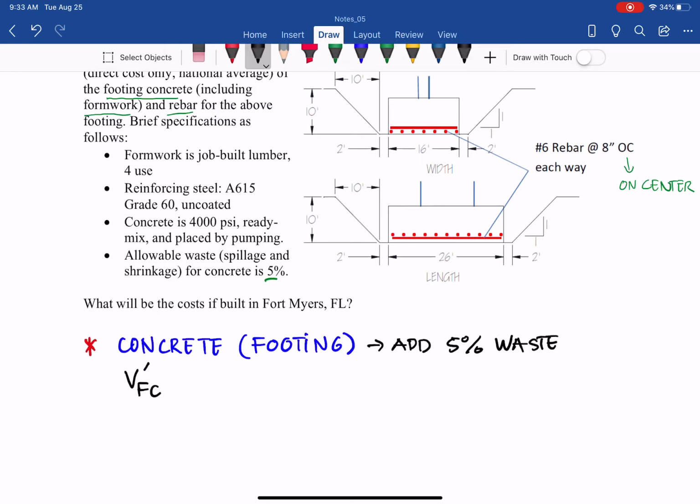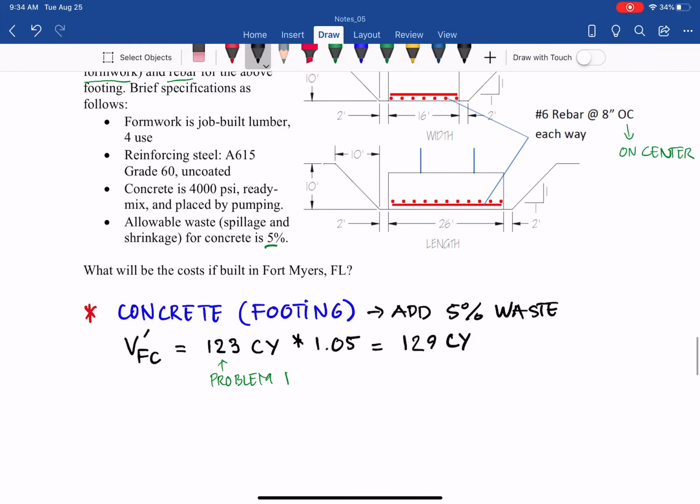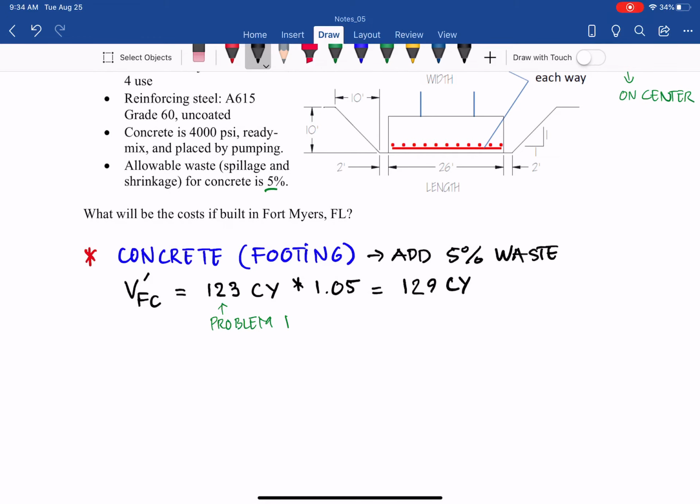In this case, already adjusted, that is 123 cubic yards from problem 1 of today's class, and then we multiply by the waste factor of 5%, 1.05. So you get 129 cubic yards. So that is the concrete we need to order, and that should be priced accordingly. The next component is formwork.